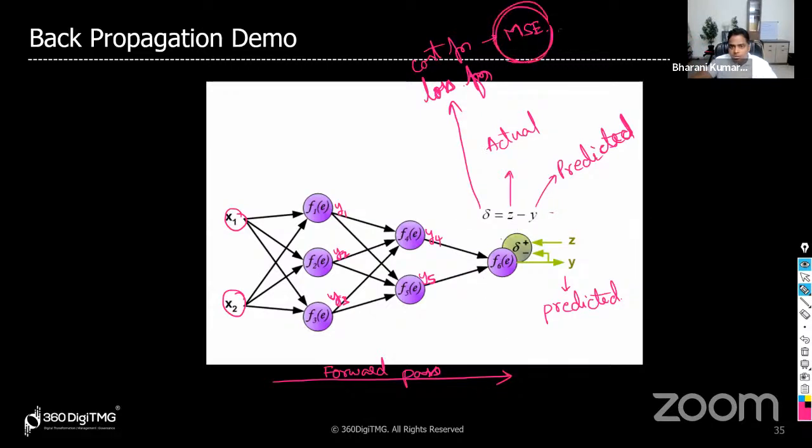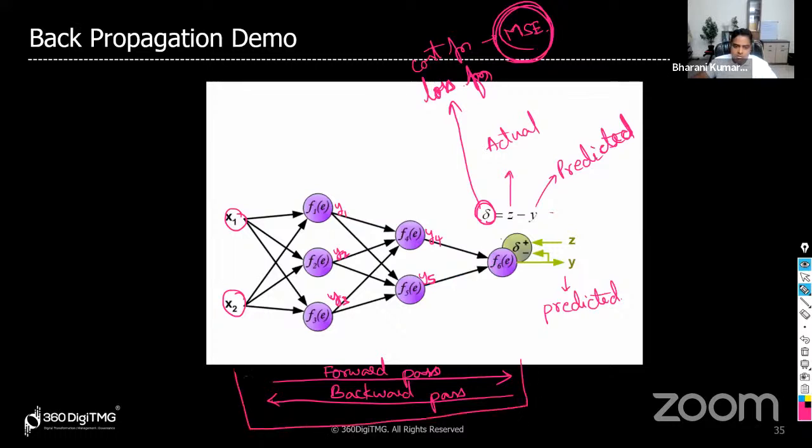Okay. Then what do we do? Once we have a loss of so much, what should you do? You have to go back, which is called the backward pass, and you'll have to update the weights. This process is called back propagation.